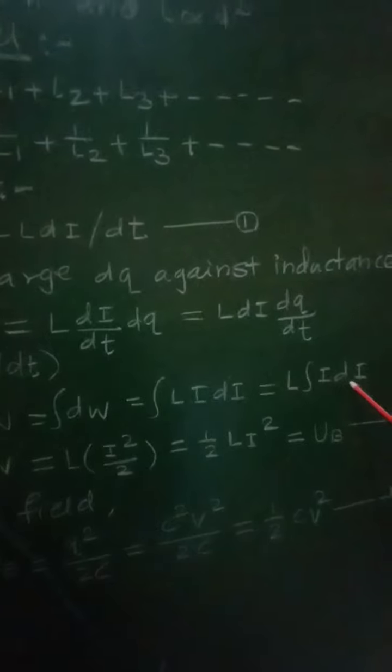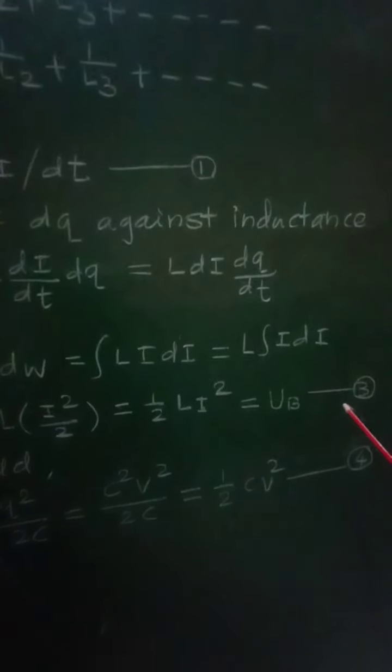Now we can find the total work done, because this dW represents small work done. Therefore the total work done will be obtained by integrating dW, so W will be equal to the integration of L I di. But L is constant, that is, inductance is taken out of the integration, and therefore we can write L integration I di. The integration of I di is I square by 2, and therefore W is equal to L I square by 2.